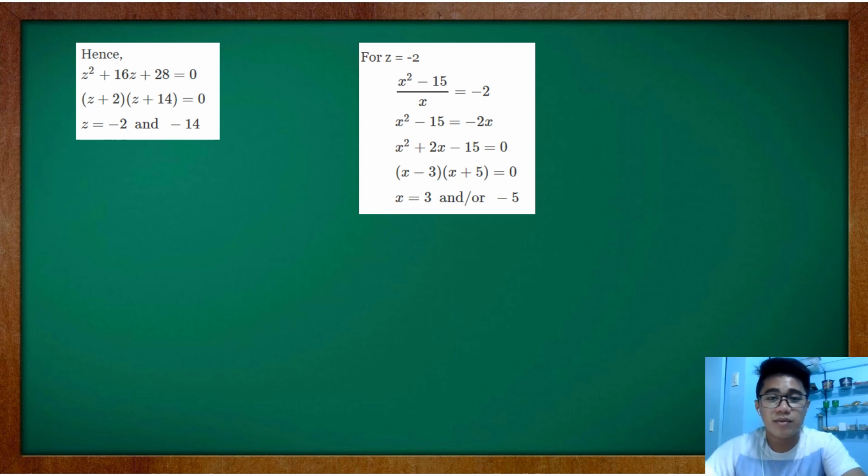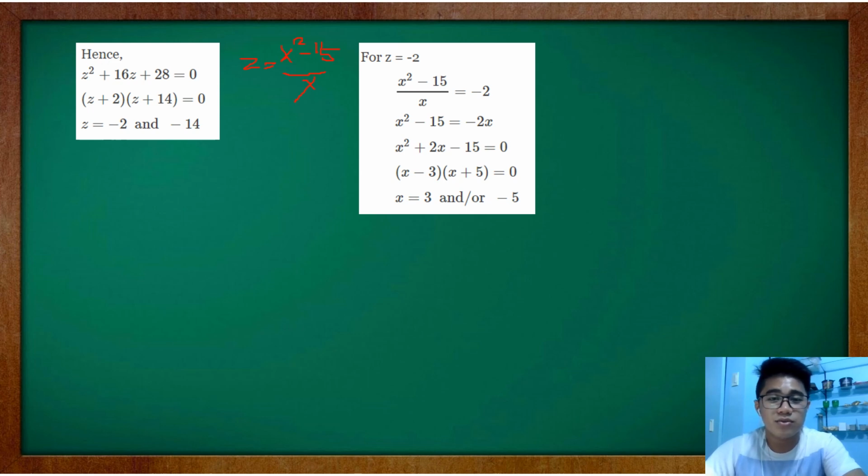So, sinabi natin kanina na yung value ng z is yung x squared minus 15 over x. Sinabi natin kanina yon. So i-substitute muna natin siya dito.